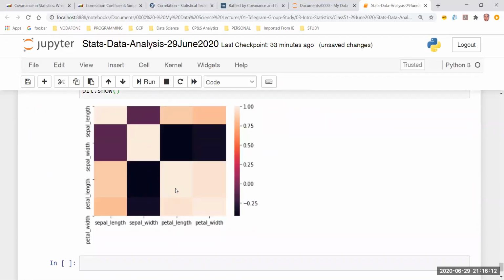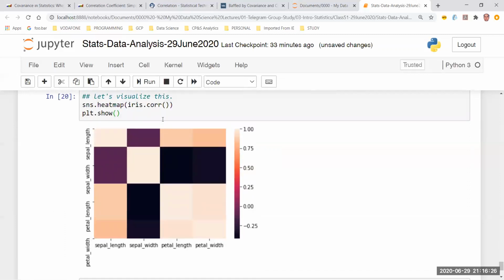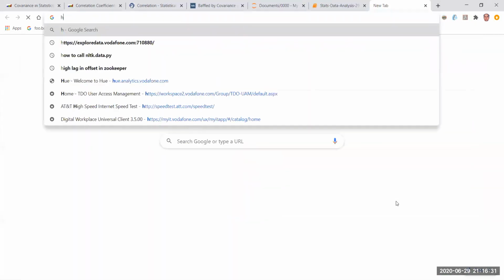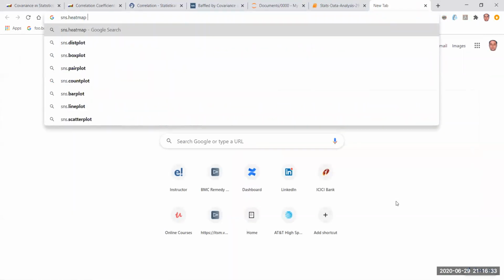This is the petal length. This is the petal width. You see the color is almost white. You cannot really distinguish between this diagonal cell and this cell, because the color is almost matching with it. So this is one way to visualize. I am sure you can change the hue. Let's try to search sns heatmap change color palette.